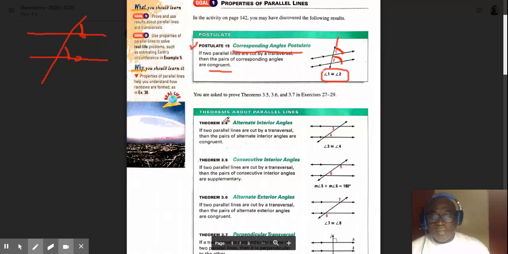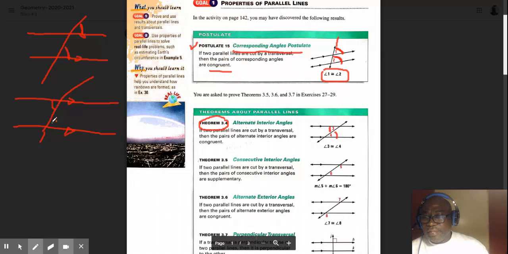Now let's look at theorem 3.4, which talks about alternate interior angles. These angles 3 and 4 are alternate interior angles. We know that if we have two parallel lines, these two lines are parallel, and we have a transversal, these angles on the inside here are interior angles.